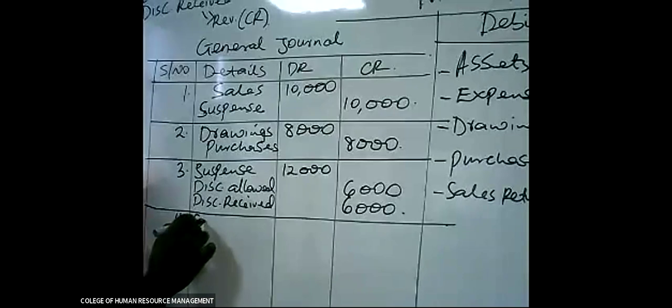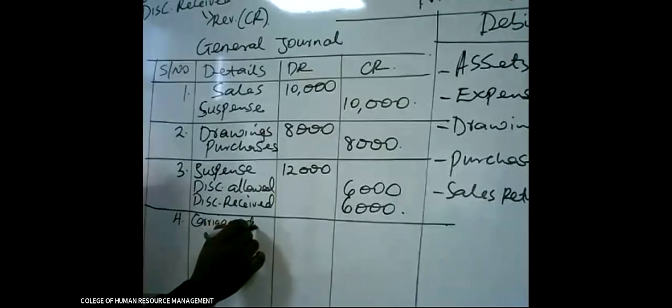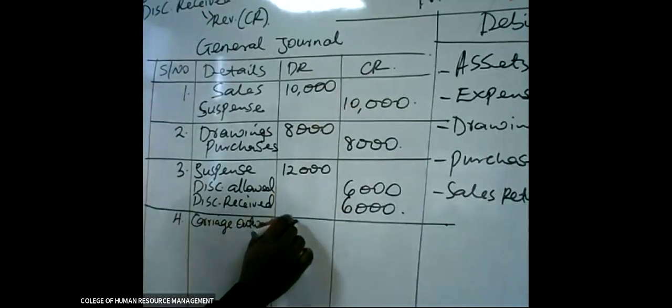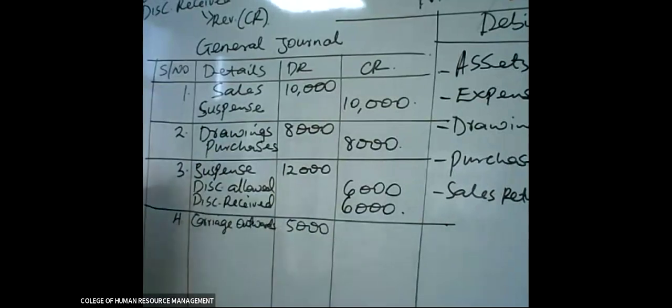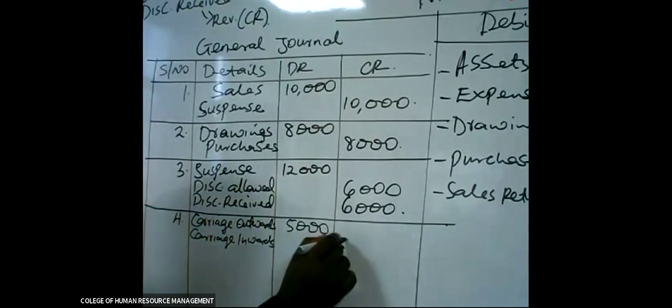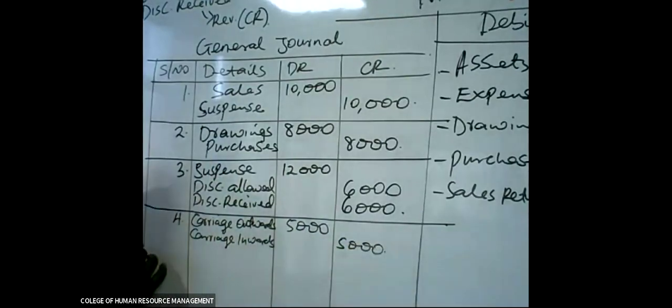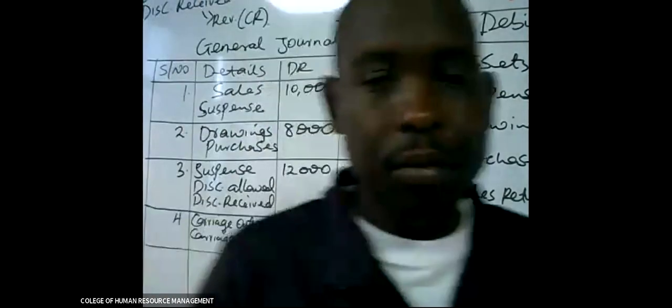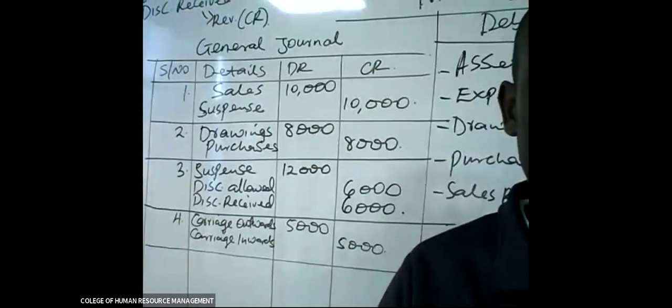Debit carriage outwards. The account to be debited should come first, 5,000. Then carriage inwards was debited by mistake. We reverse that. And that error is sorted.